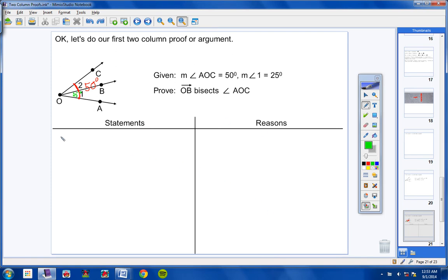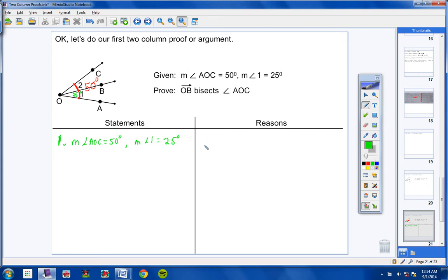Okay, so here we go. Here's what you always do in a proof. Please take some really good notes. The first thing you always do is you write down your given. That's the first thing you always do. So the measure of angle AOC equals 50 degrees. Please write that down. And then you write the measure of angle 1 equals 25 degrees.